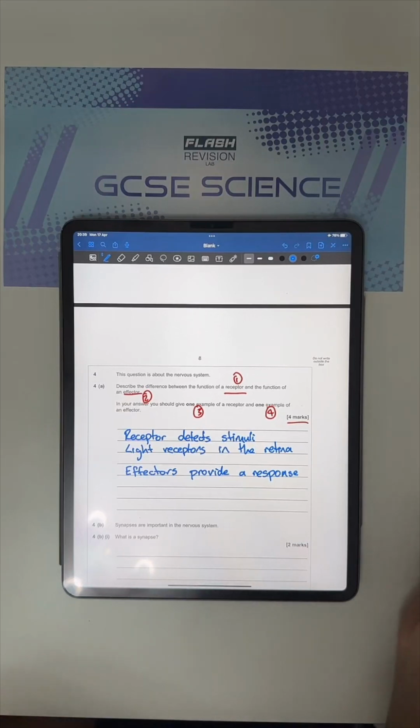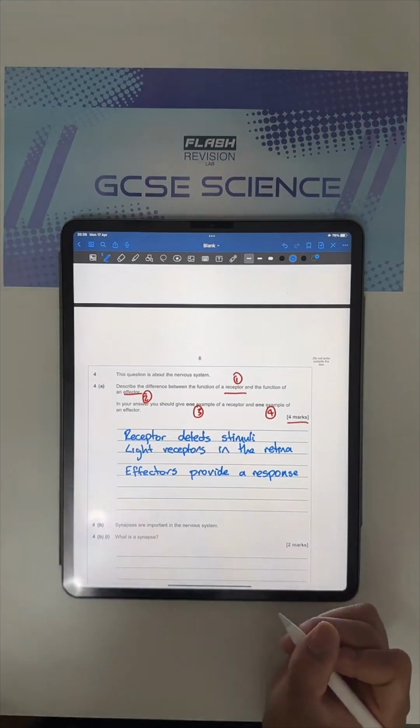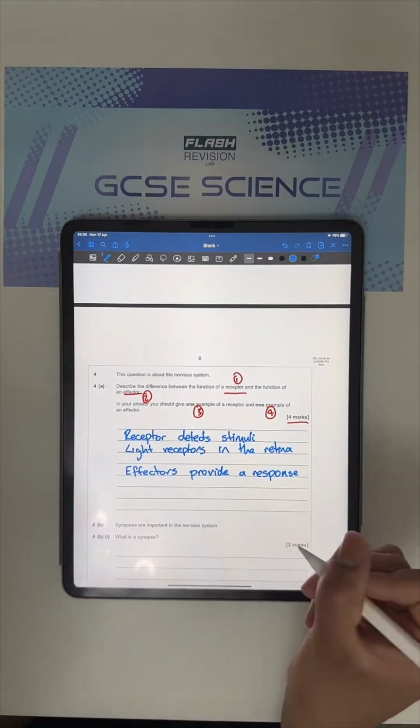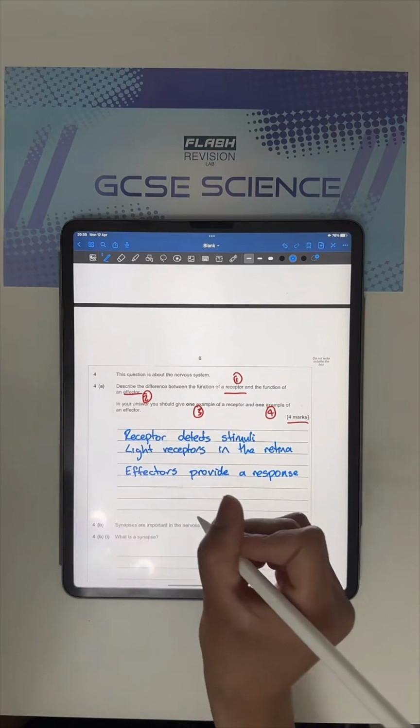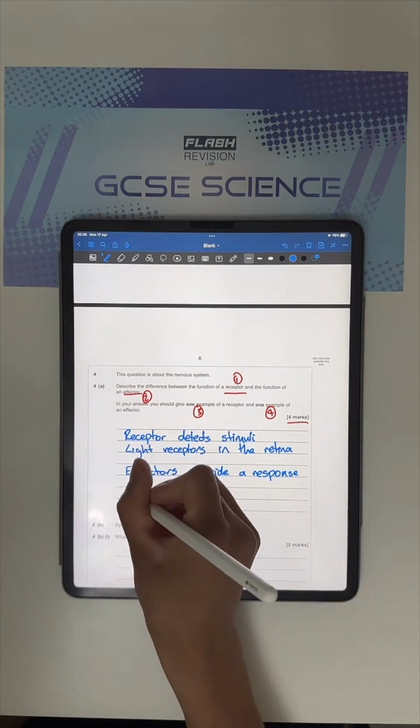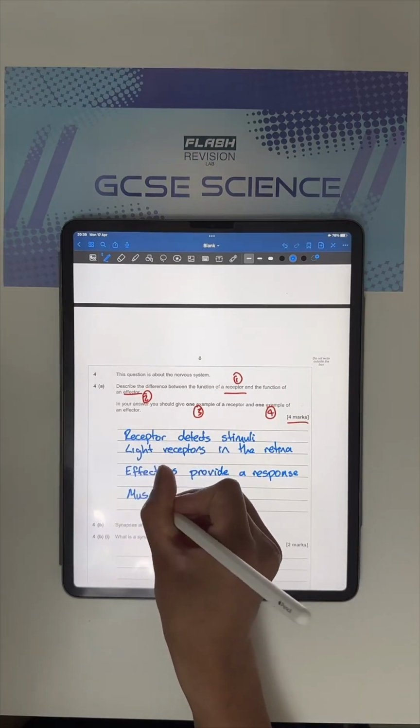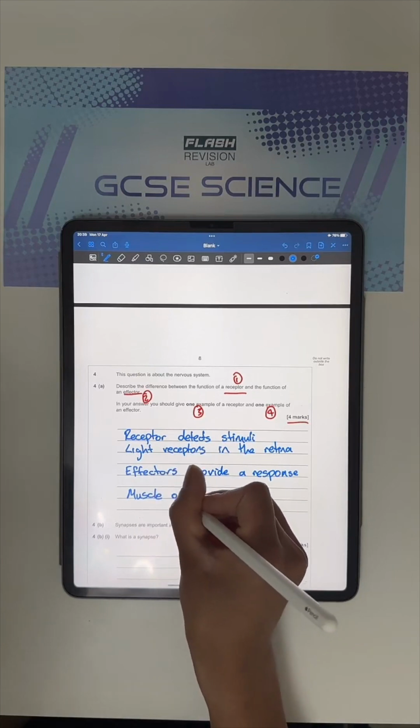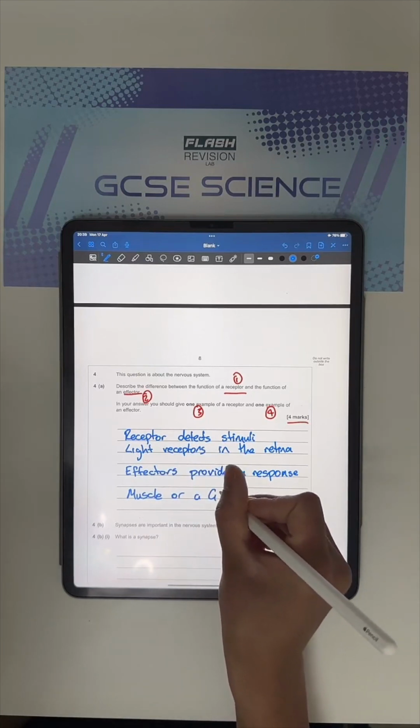Yep, respond to stimulus, that's fine. Muscle or gland. Muscle contract, secrete. Yep, good. Well done, guys. So well done, Anna. So you would say they provide a response, and an example would be a muscle or a gland.